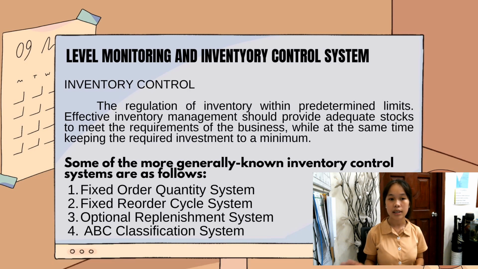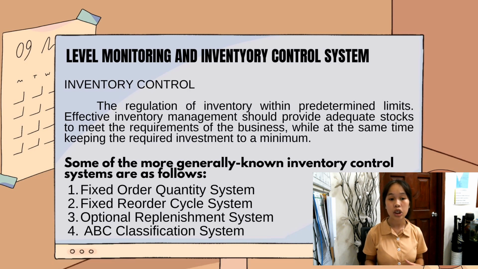Fixed order quantity system. This is the system wherein each time the inventory goes down to a predetermined level known as the reorder point, an order for a fixed quantity is placed. This system requires the use of perpetual inventory records and continuous monitoring of inventory level.